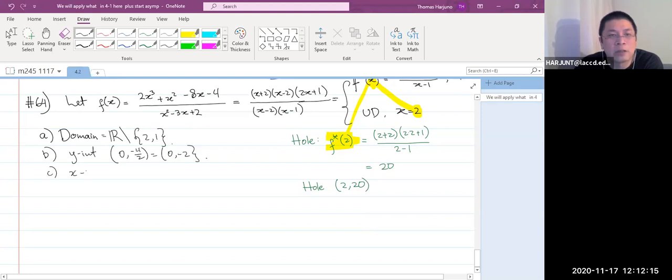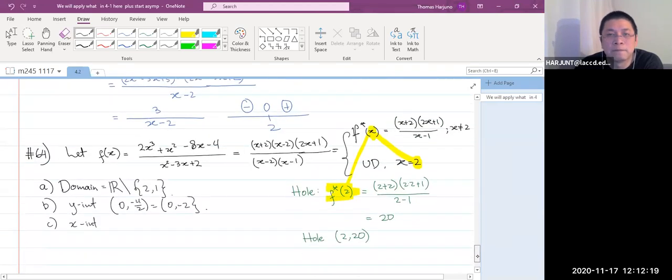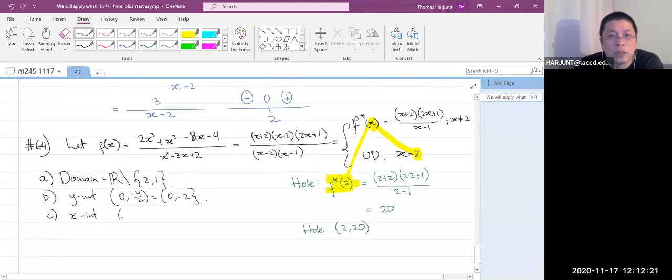The x-intercepts, looking at the simplified version, are (-2, 0) and (-1/2, 0). The vertical asymptote is x equals 1.